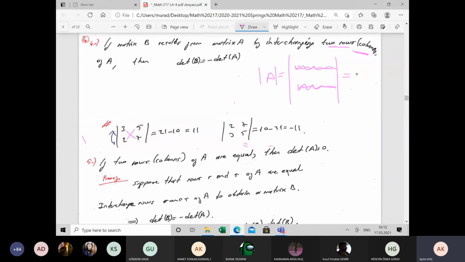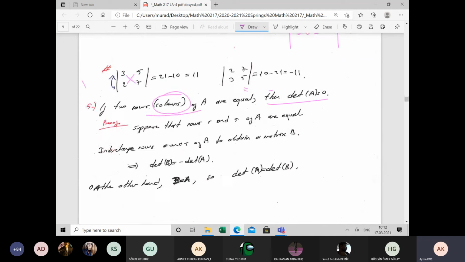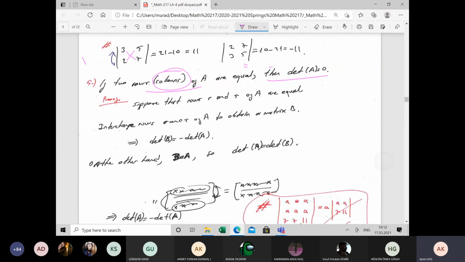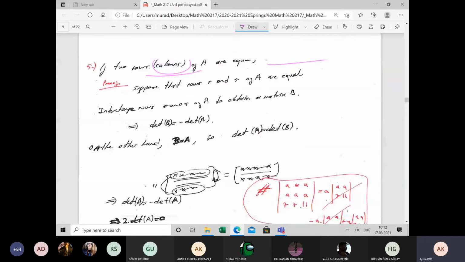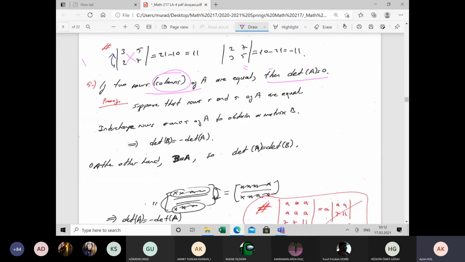This one is valid for columns. If we have two equal columns, then the determinant of A is 0. Let's prove this. Take the matrix A, for example, where rows R and S are equal.